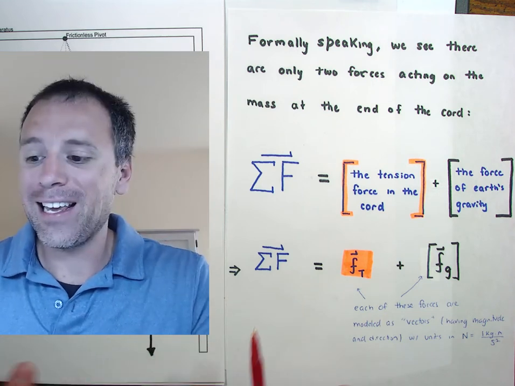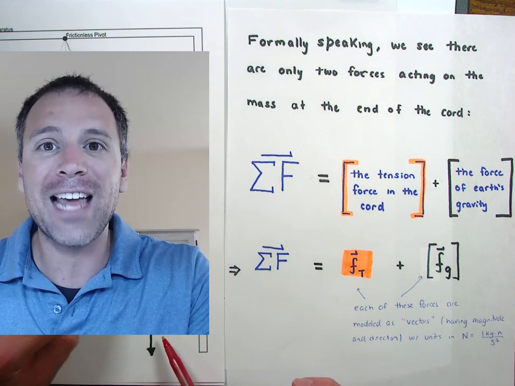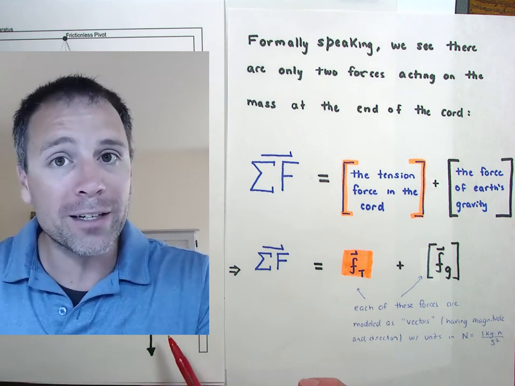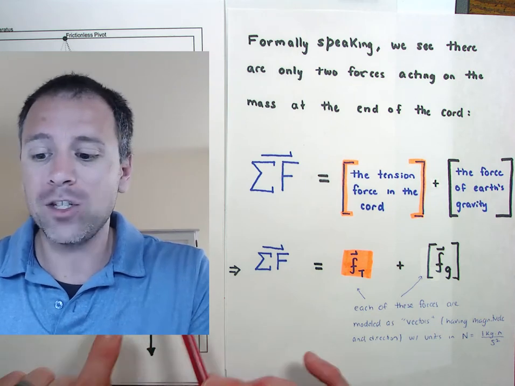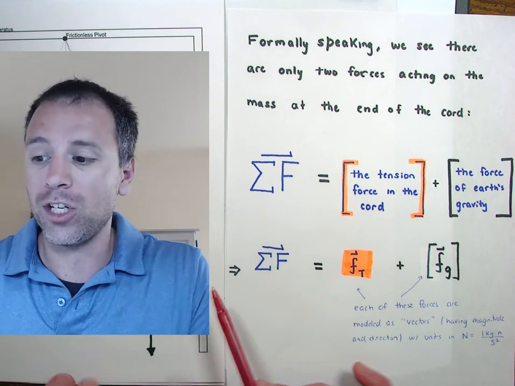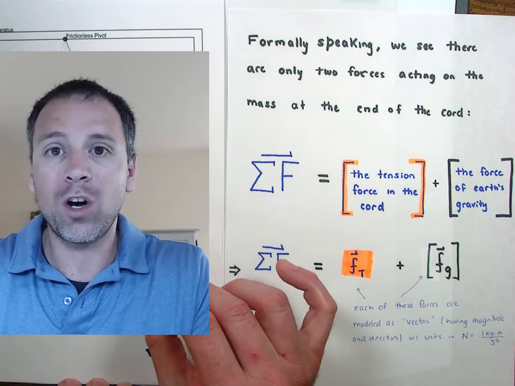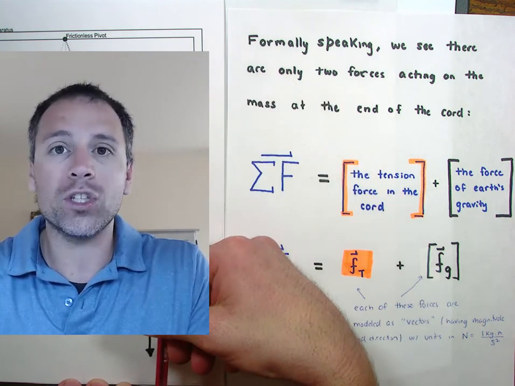Another way to say that is when we're looking at the sum of the forces, if each force is represented as a vector from the physics perspective, not from the linear algebra perspective, but literally like a direction and magnitude, there are only two vectors, only two forces in this calculation. The tension force of the chord and the force of gravity pointed directly downwards on that bob.